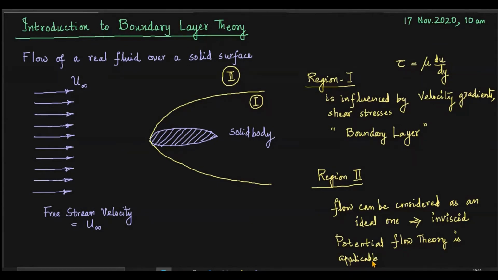In simple terms, no velocity gradient. Potential flow theory is a key word. In region 2, a very important part is no velocity gradients. The entire fluid stream has the velocity equal to free stream velocity u infinity.